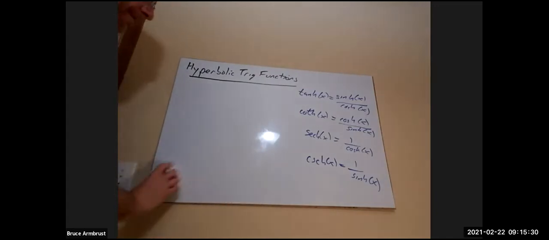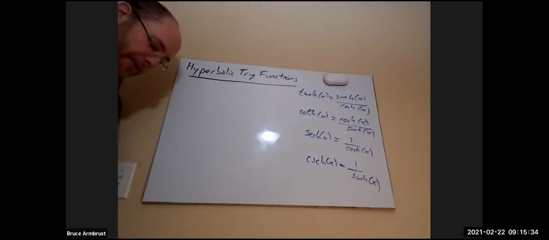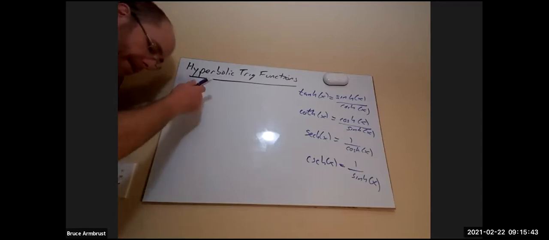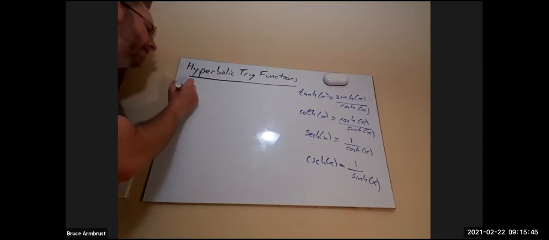So you probably remember the Pythagorean identity. That's like the one identity that anybody remembers from trig. That's the good old sine squared plus cosine squared equals 1, right? Well, with the hyperbolics, it turns out it's slightly different.